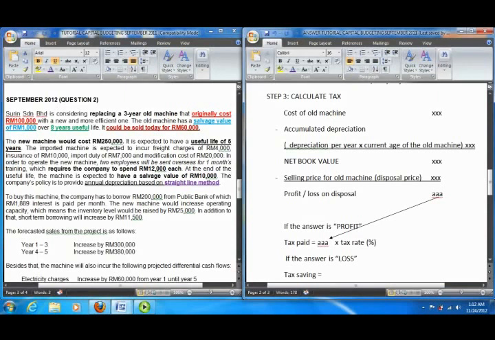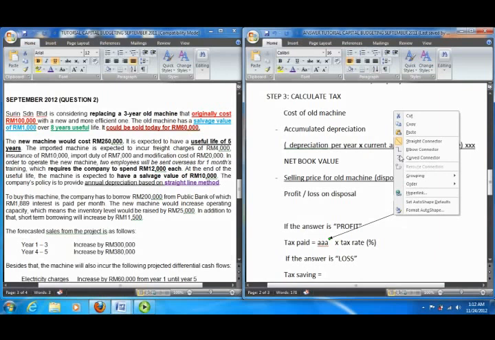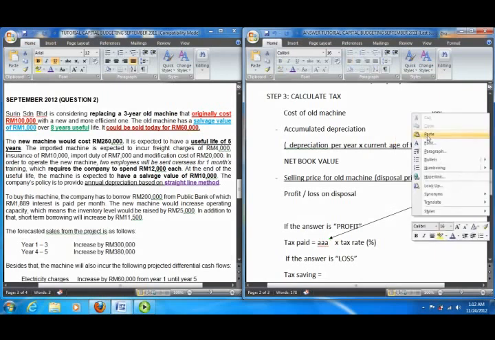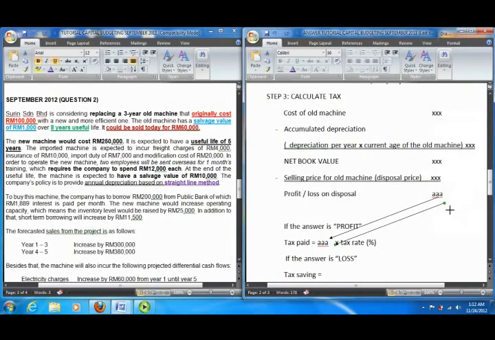Using the same method, you take the answer from your loss on disposal, times your tax rate. It depends on the question, whether it is profit or loss.